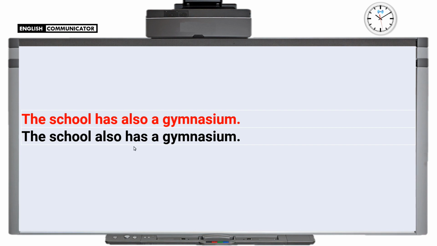You can't say has also a gymnasium, because the school has something. The gymnasium does not belong to the school, but it is a part of the school. So when you say something is part of a school or a building or any structure, you use also has a gymnasium. It's a simple mistake, but it happens.